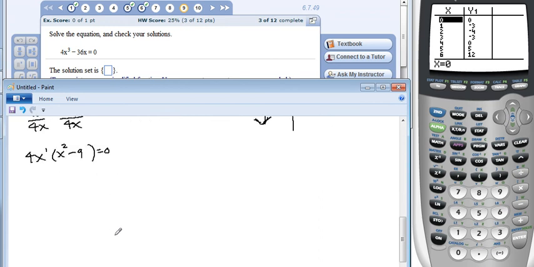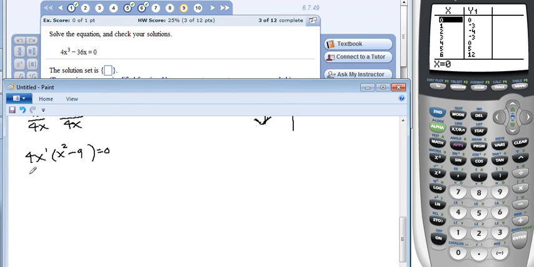Now we have to analyze whether or not we're finished. We've created this binomial that looks suspiciously like a difference of squares, so it can be factored further. When you're factoring, you have to factor completely.